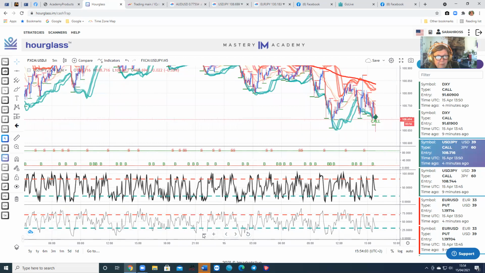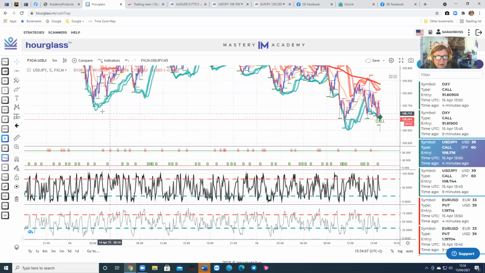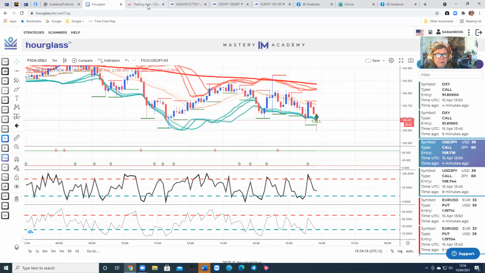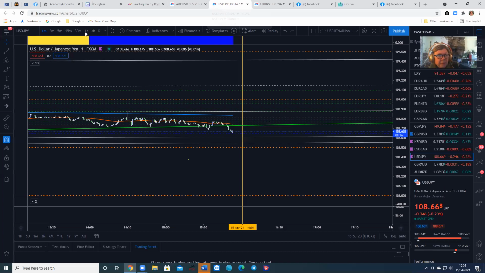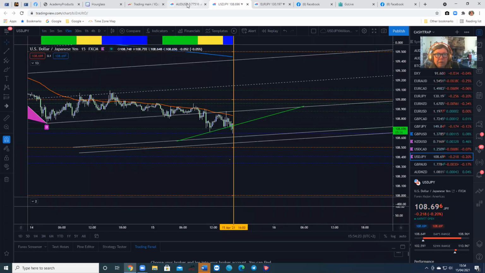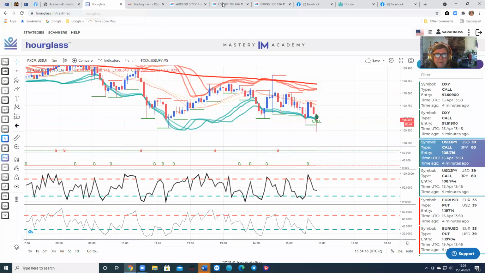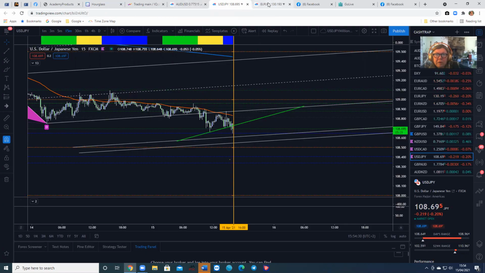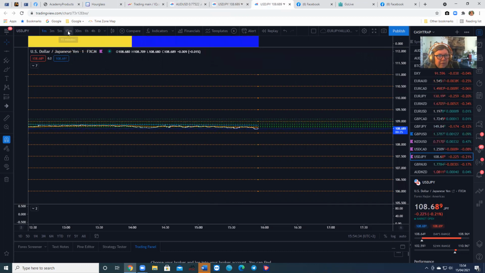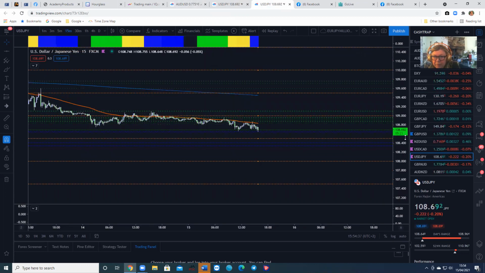But if I come all the way back to see what it has been doing, that takes me back to the 14th, to yesterday. So let me look on TradingView. So if I come to the 15 minutes on TradingView, hang on, that's the wrong chart. That one. 15 minutes, just to see if we can pick anything up further back.